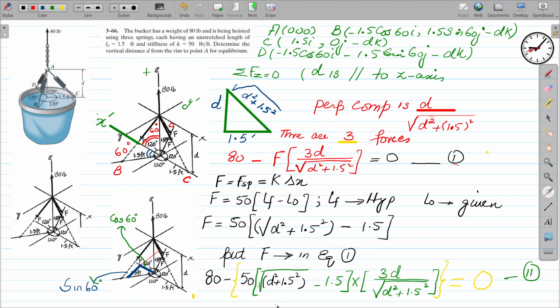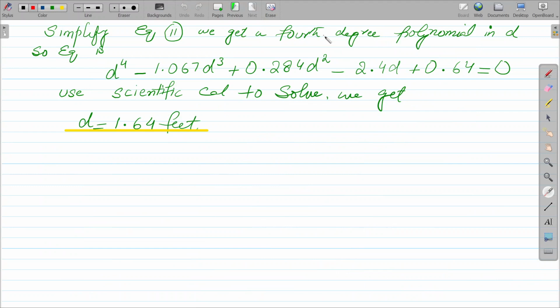But we have to be very careful to simplify this equation. After you simplify it, we get a 4th-degree polynomial in d: d^4 minus 1.067 d cubed plus 0.284 d squared minus 2.4 d plus 0.64 equals 0.